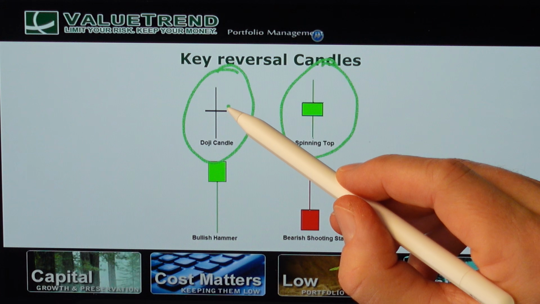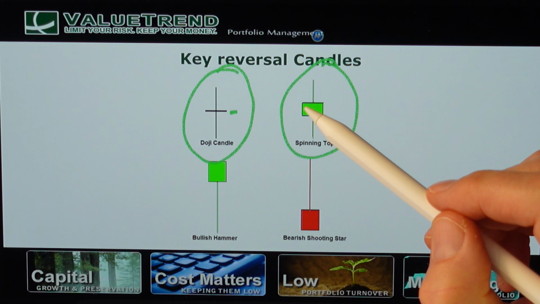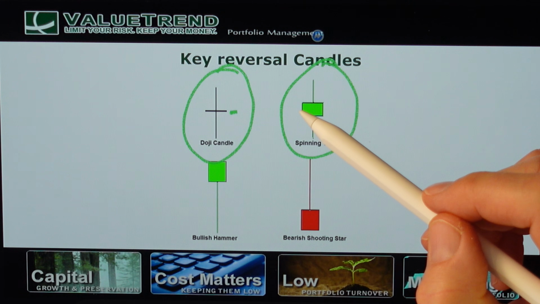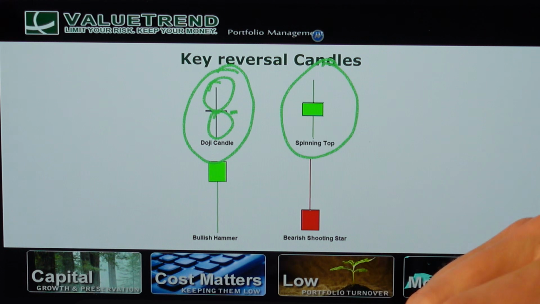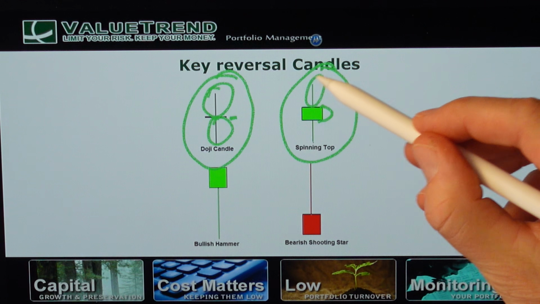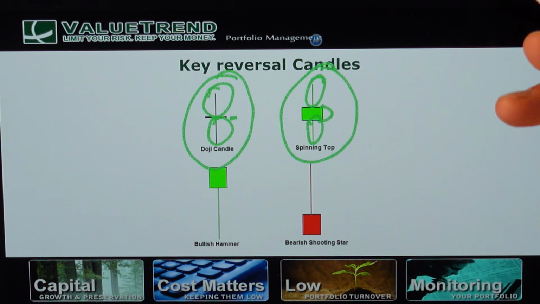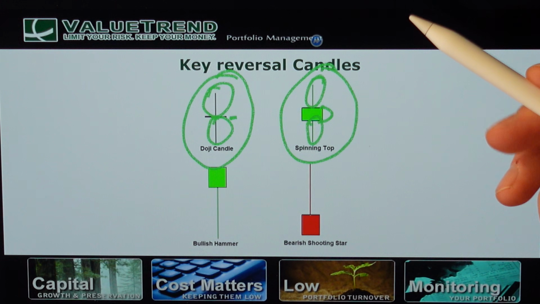So in a Doji, basically the open and close were identical or near identical, so it forms more or less just a thin line in the midst of tons of upper and lower activity on the day. In other words, you had a lot of activity during the day, but it still settled out at or near the open. Same thing with the spinning top. You had a lot of activity during the day, but at the end of the day, it closed very, very close to what the market opened at that day.